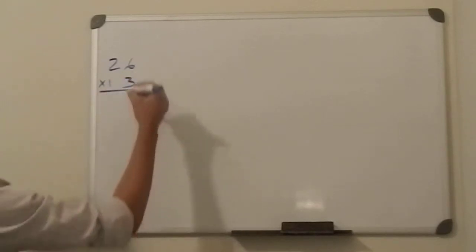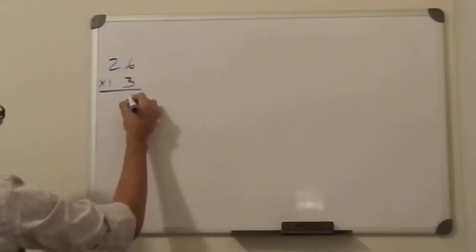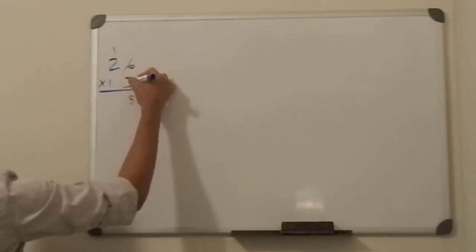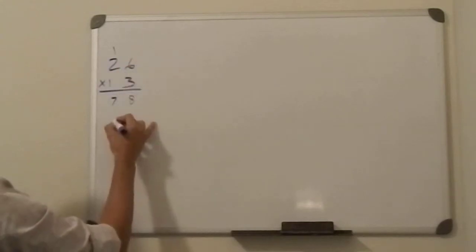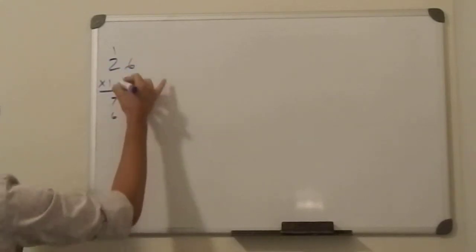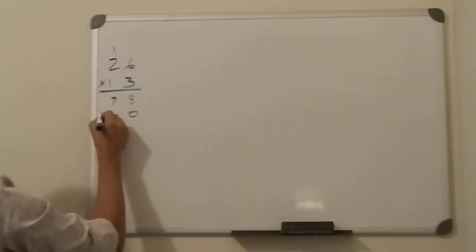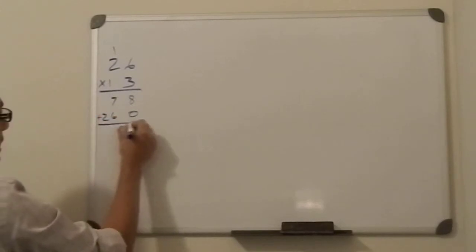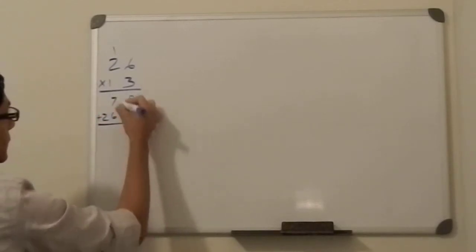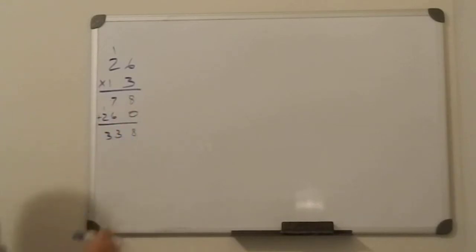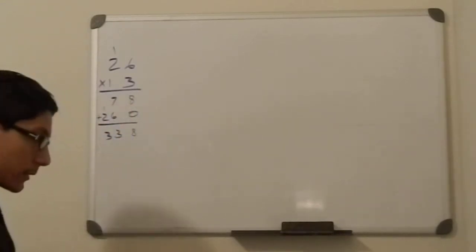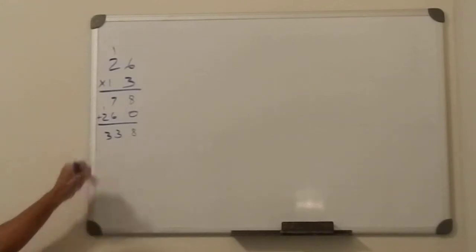We go about it like this: 3 times 6, 18, carry the 1, 3 times 2 plus 1, 7, 10 times 6, 60, 10 times 20, 200, we add it all up, 338. This is the algorithm for multiplication.